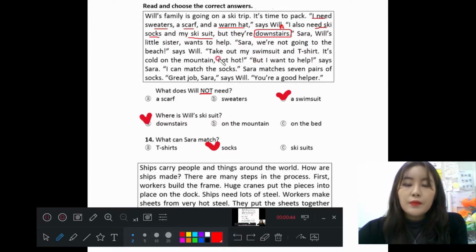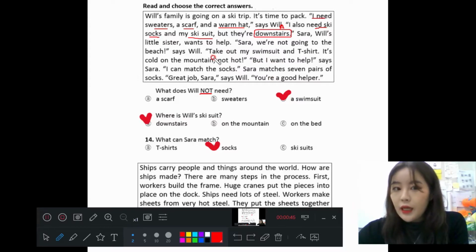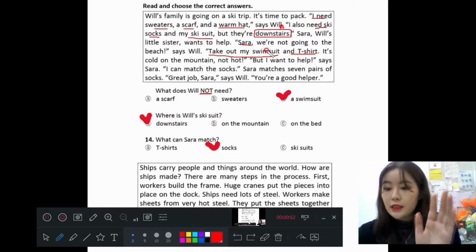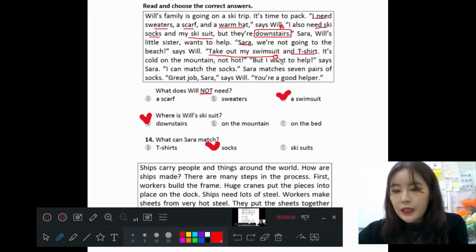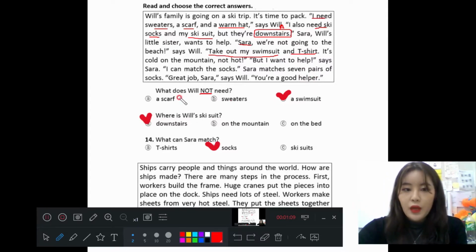And he also said to take out my swimsuit and t-shirt to his sister Sarah, right? Which means that he did not need this too. That's because they're not going to go to the beach. They're going to go to the mountain, right? Okay. So the answer is going to be C here.